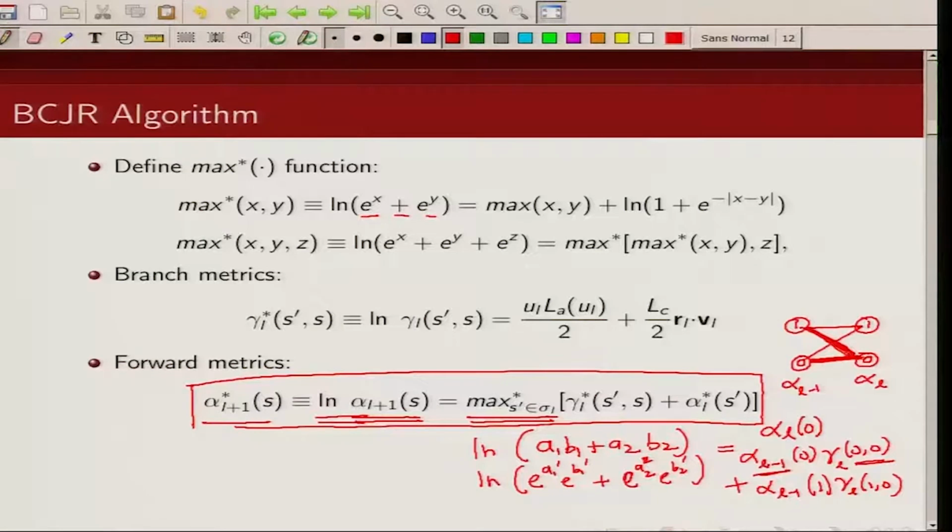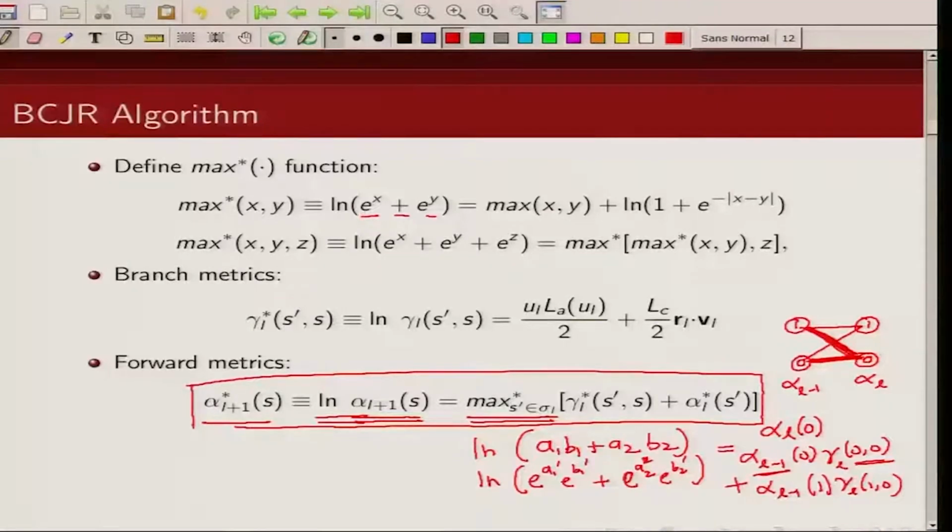So the forward metric in the log domain is given by this: the max star operator, summing over all the branches that are terminating at this state, of gamma plus alpha star. This will be the forward metric in the log domain.